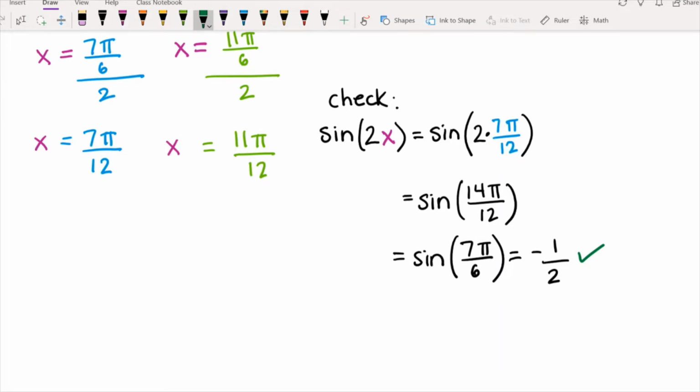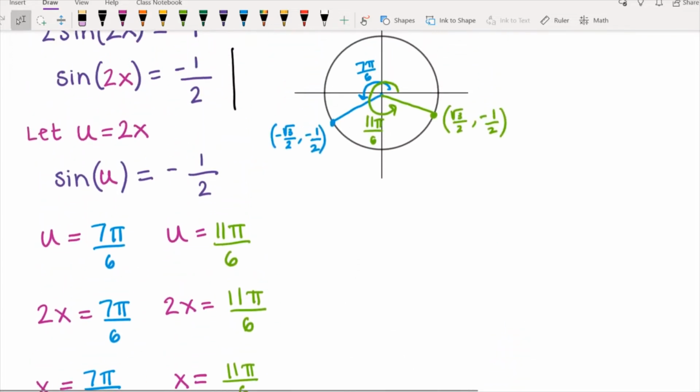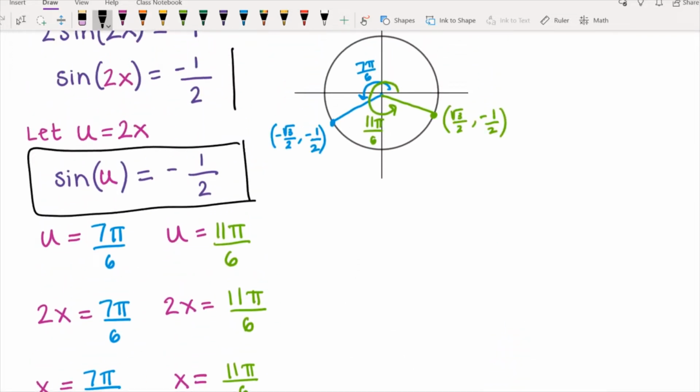And same thing if you tried to plug in 11 pi over 12. I just want you to understand how the original equation relates to this equation here. And really what is the relationship? It's that whatever you find as your final answer, if you do 2 times that answer and plug that into sine, that's when you're going to get negative 1/2.